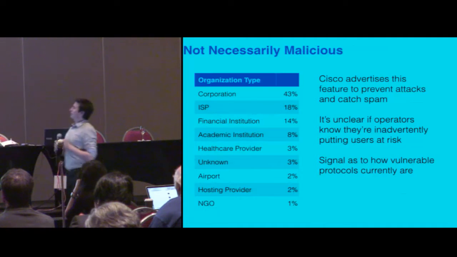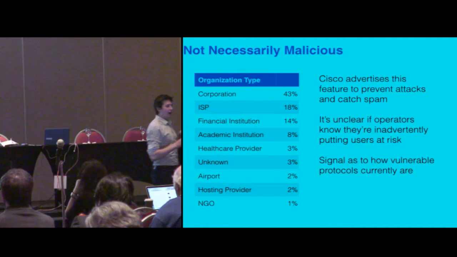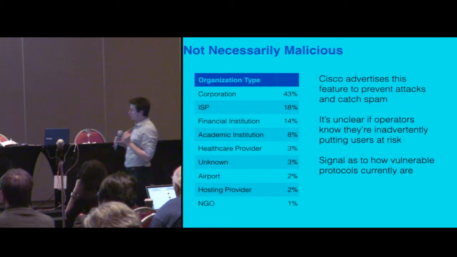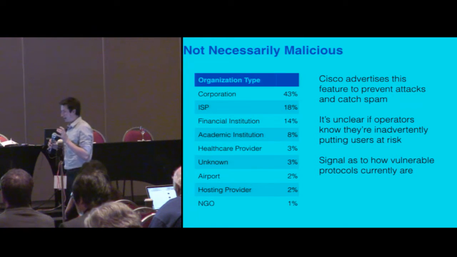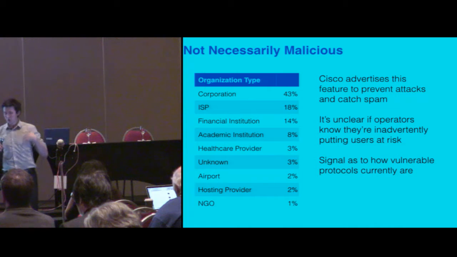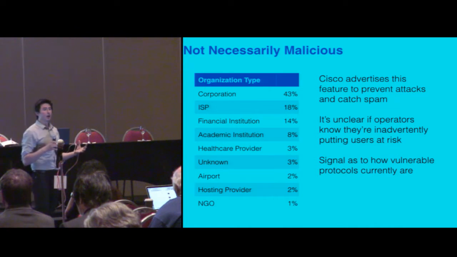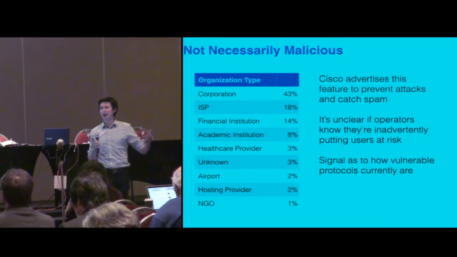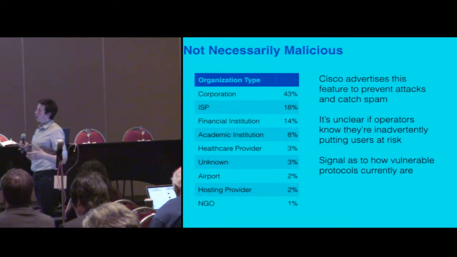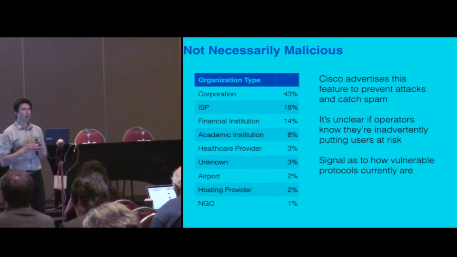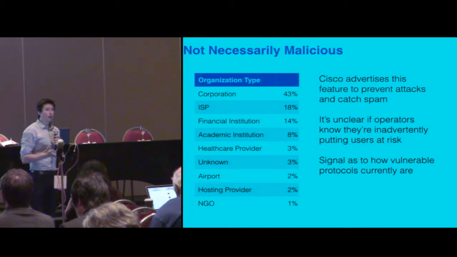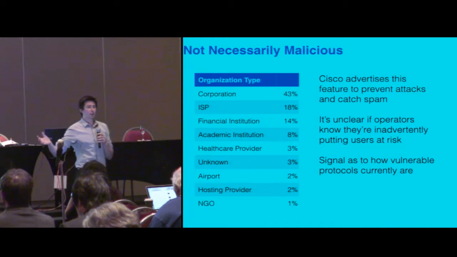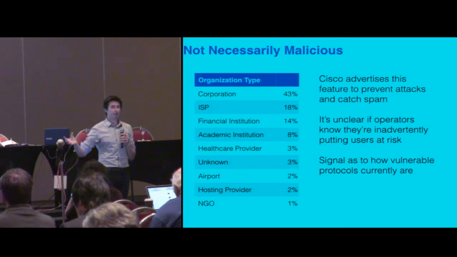It's not necessarily malicious, though. It's not entirely clear that mail operators know what's going on. There are a couple of products out there that advertise the ability to protect your mail from attacks, whether they be buffer overflows or addresses that you've blacklisted. To do that, they essentially need to be able to read your mail. So they prevent these STARTTLS connections from ever happening.